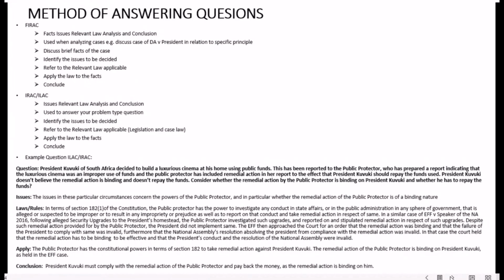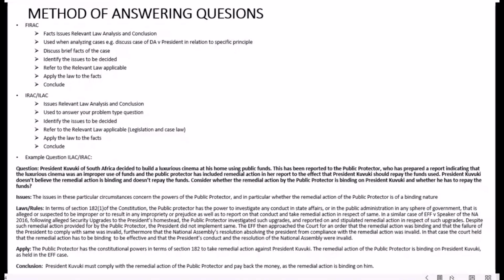So the first one is FIRAC. You use this mostly when, for example, there will be a question about discuss this case or analyze this case. That is when you would use FIRAC. It just gives you a nice structure of actually answering that question.